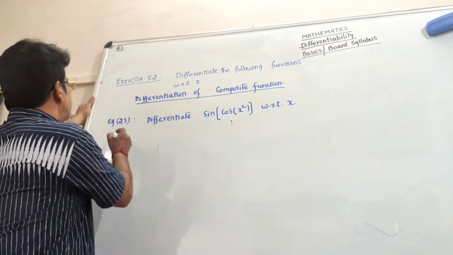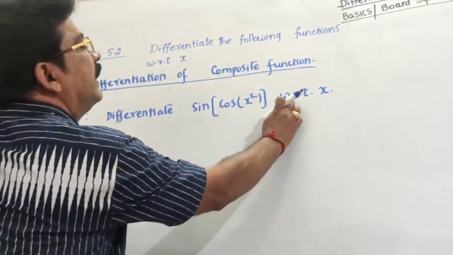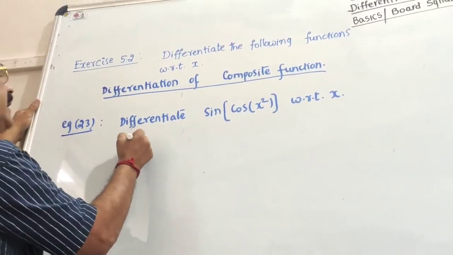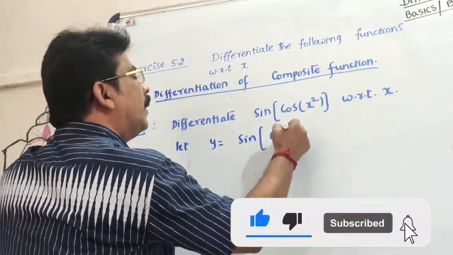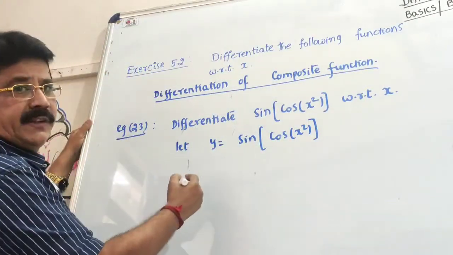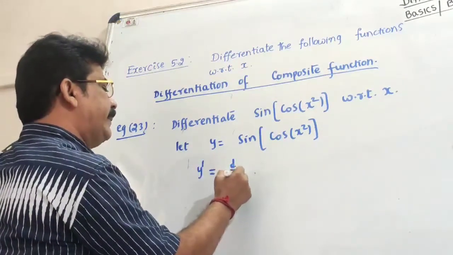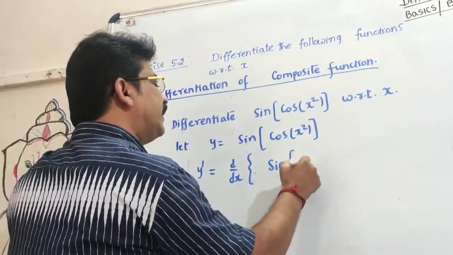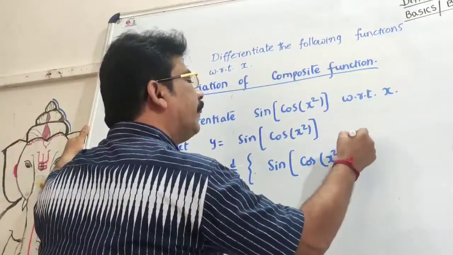Over. Next, example 23. Differentiate sin of cos of x square with respect to x. So, as usual, let y equal to sin of cos of x square. Next, differentiating with respect to x, then y dash equals d by dx of sin of cos of x square.